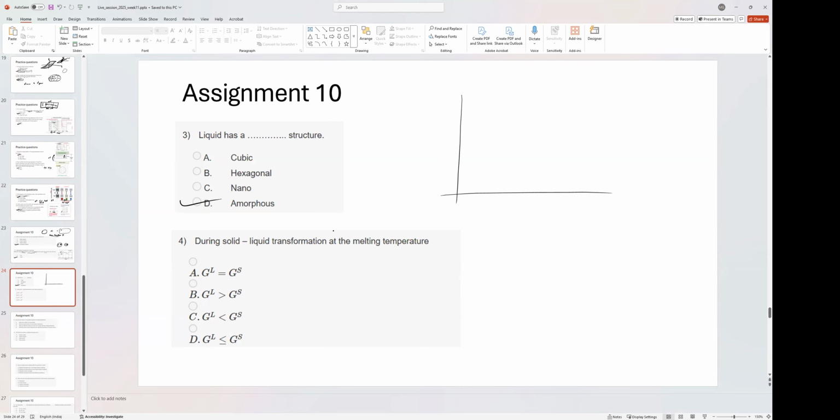So if you remember the phase diagrams, at the solid-liquid transformation point there will be equilibrium between the liquid and solid phase.